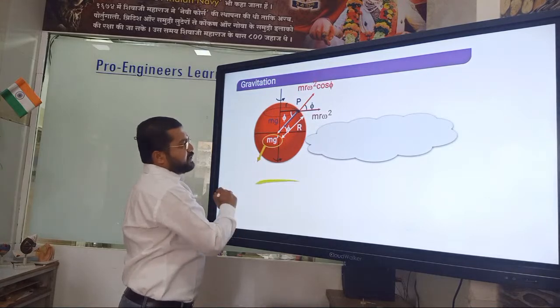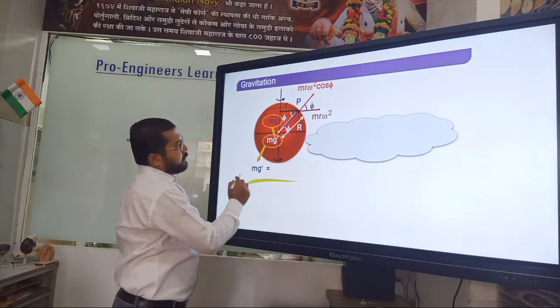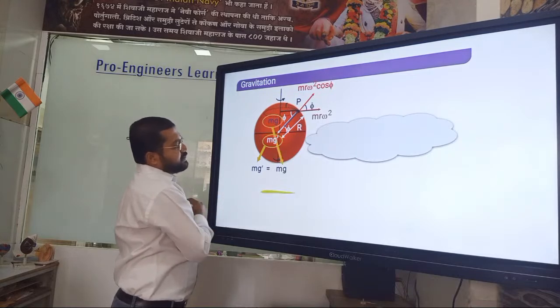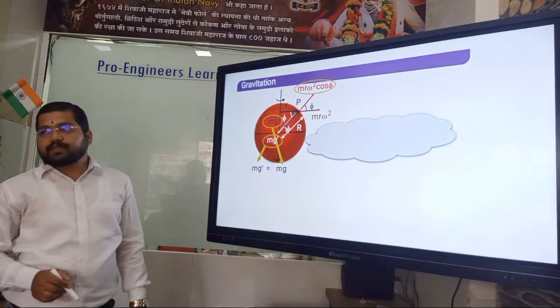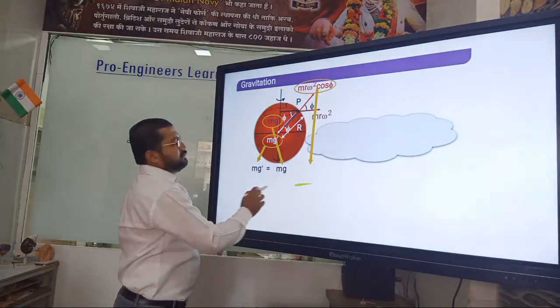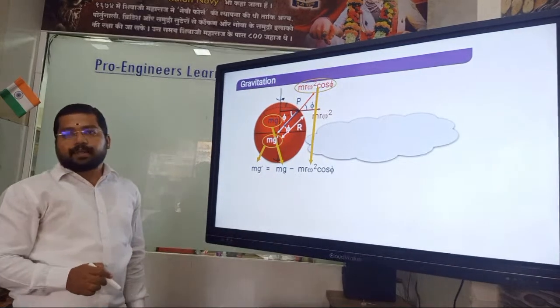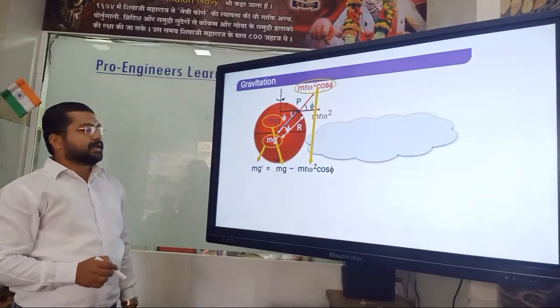So considering mg dash, mg dash equals mg minus mr omega square cos phi, right?